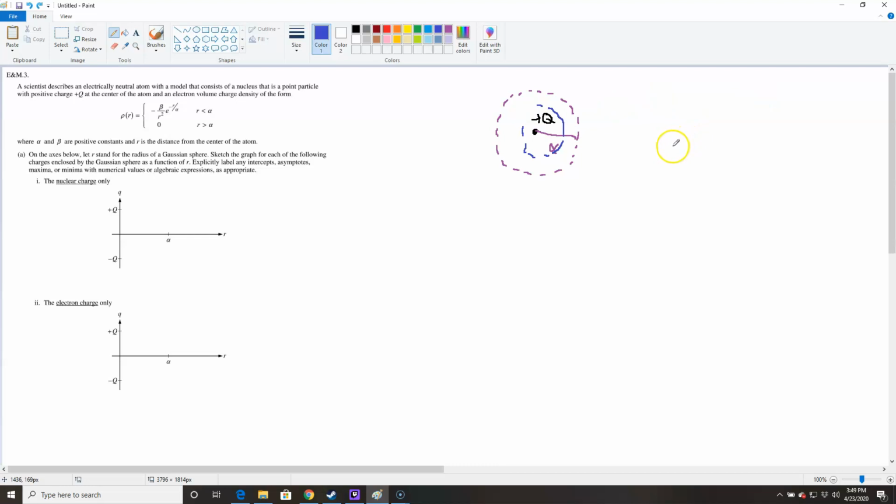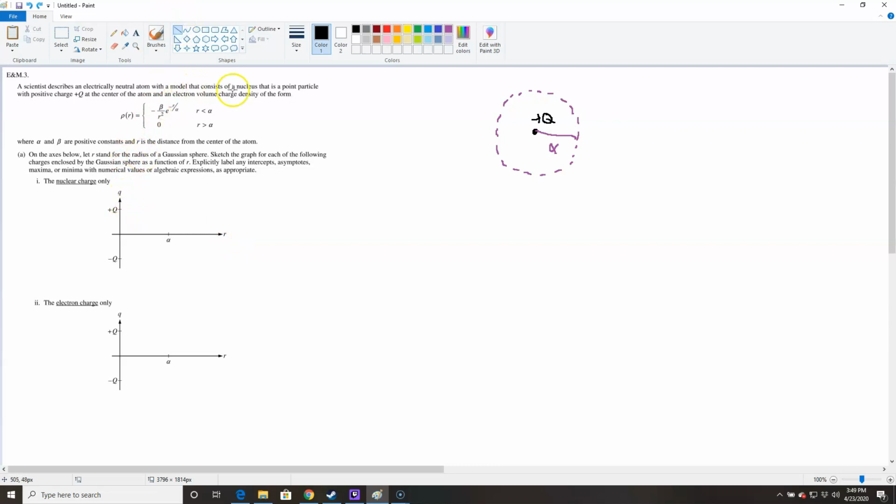So, the first question, A, asks us, what does the charge quantity look like for a Gaussian sphere of just the nucleus? And then what does it look like for just the electrons? Just the nucleus is simple.